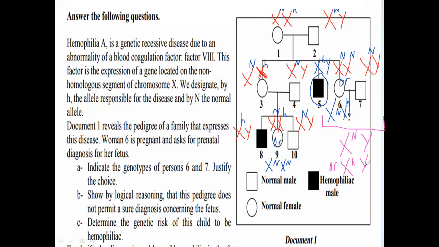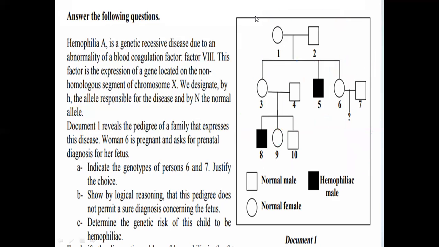So here, let's determine the genetic risk for this child to be affected. How can we determine the genetic risk? First of all, for an affected female, the risk is approximately zero, null, no chance for it to be affected. Let's go back and write the genotypes, since it was a bit messy. So here I have either XN XN or XN XH, while the male is obligatorily XNY.